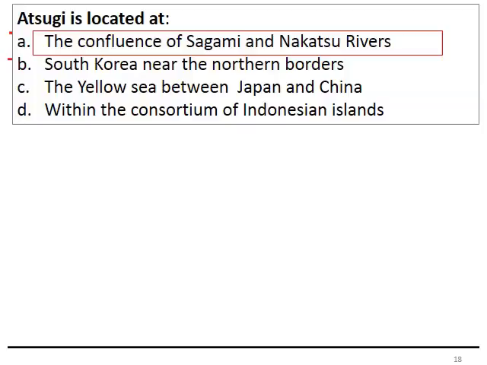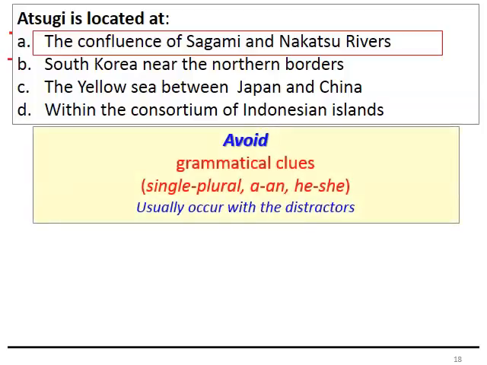Atsugi is located at within. All of them were not written with the same precision. So be attentive to grammar. Avoid grammatical clues. Be aware of using the single or plural, a or an, he or she. This usually occurs with the distractors.